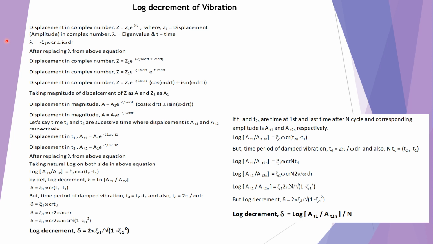Displacement in complex number, we know z is equal to z1 e to the power lambda t, where z is the displacement in complex number, lambda is the eigenvalue, and t is the time.